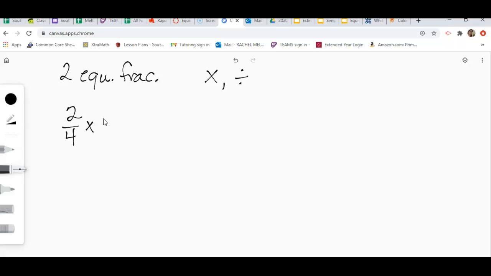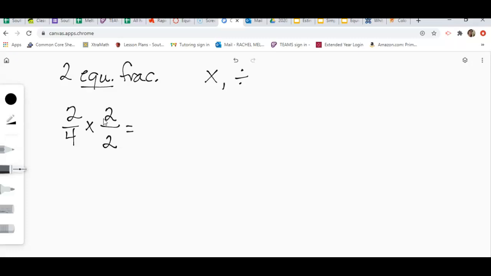The only thing that you have to follow is that you have to do that to the top and the bottom. So if I'm going to choose to multiply by 2, I have to do that to the top and the bottom. Otherwise, it's not an equivalent fraction. I have to do the same thing to both the top and the bottom to make them equal.